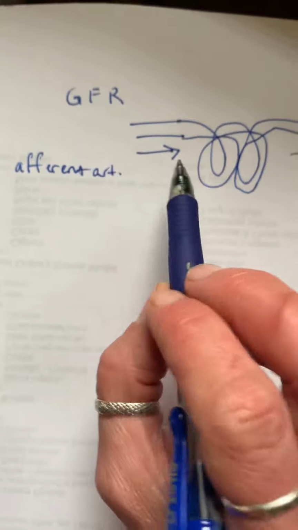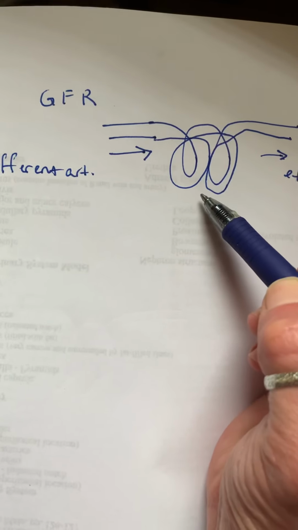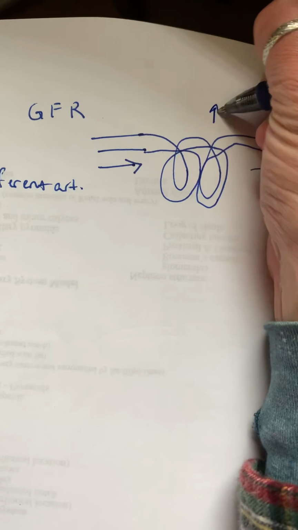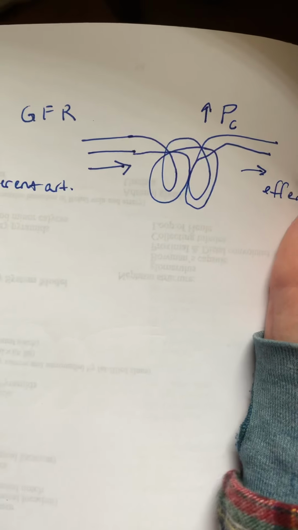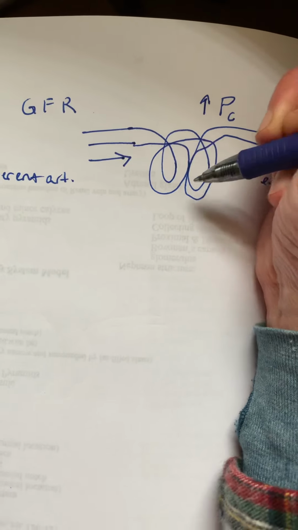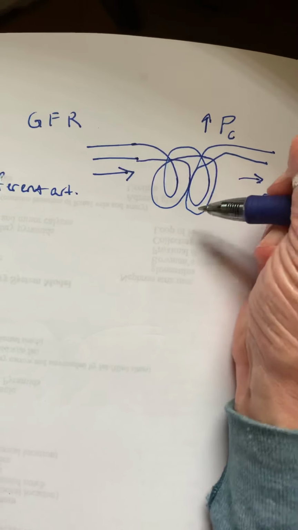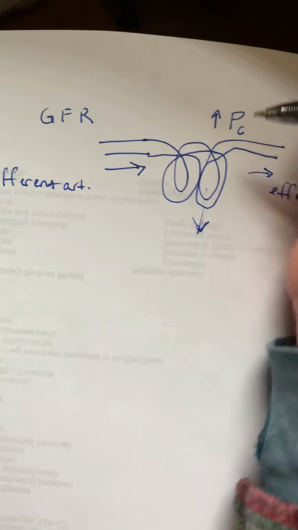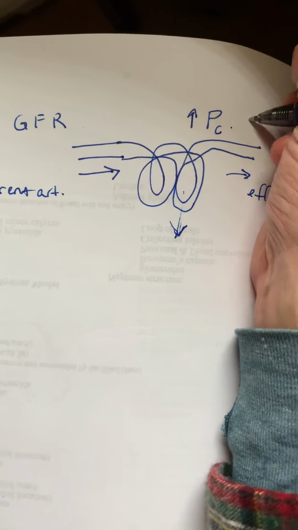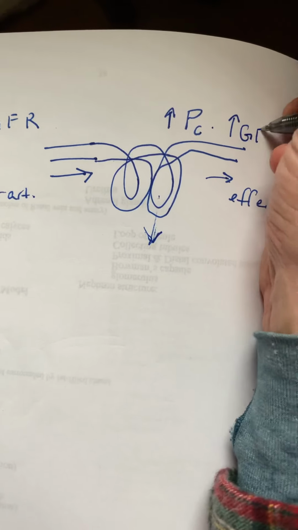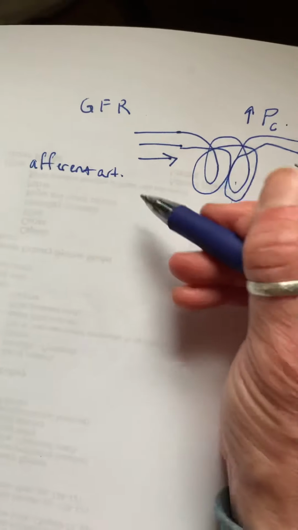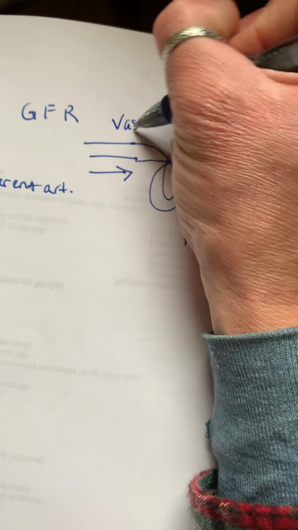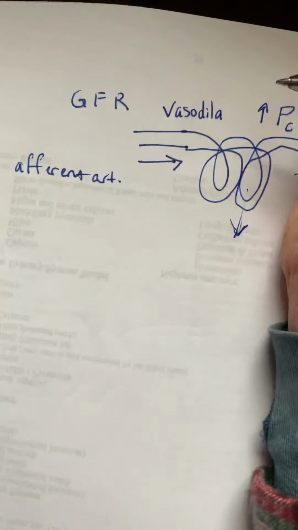To increase our glomerular filtration rate, we need to send more blood here. That's going to increase the hydrostatic pressure of our capillaries, because more fluid is coming into the glomerulus. It's going to push more stuff out, so it's going to increase our filtration. So to increase our glomerular filtration rate, we first need to increase the amount of blood arriving at the glomerulus, and to do that we would vasodilate, making that afferent arteriole bigger.